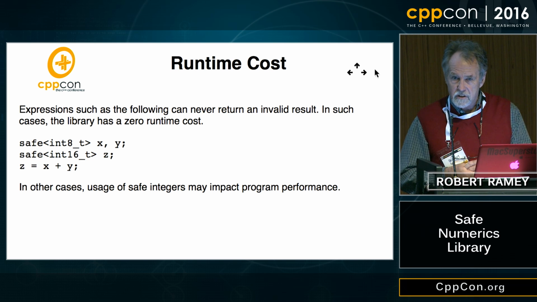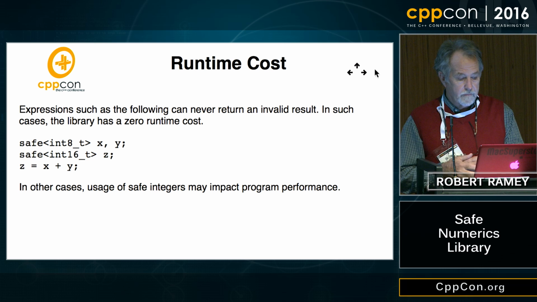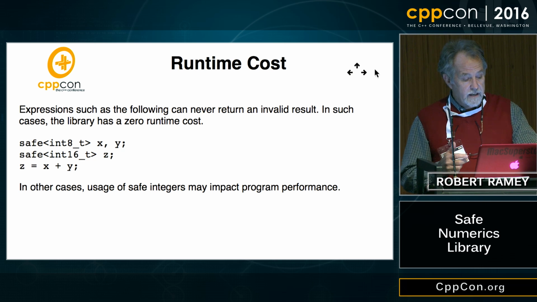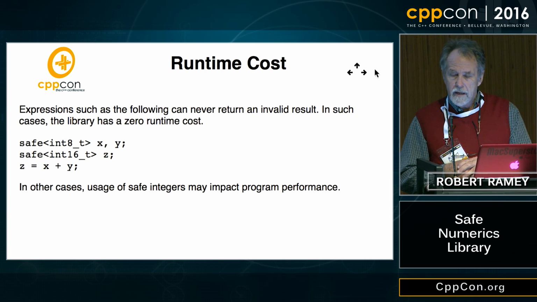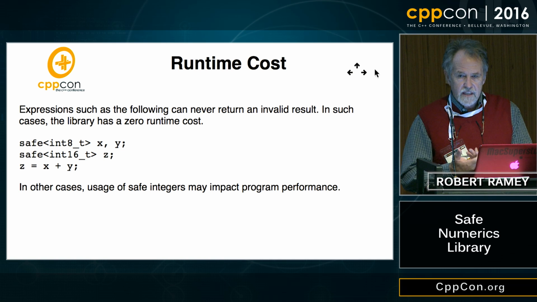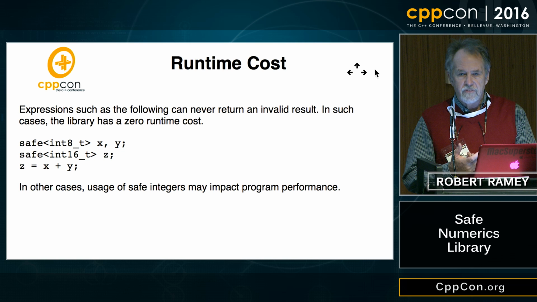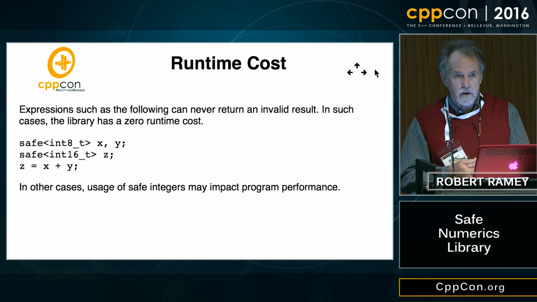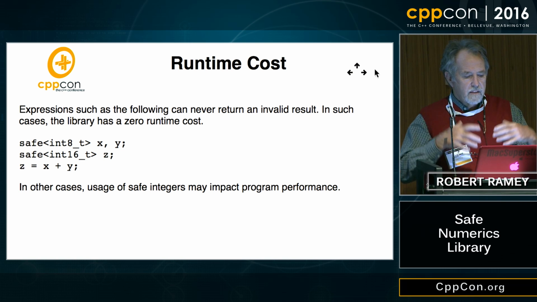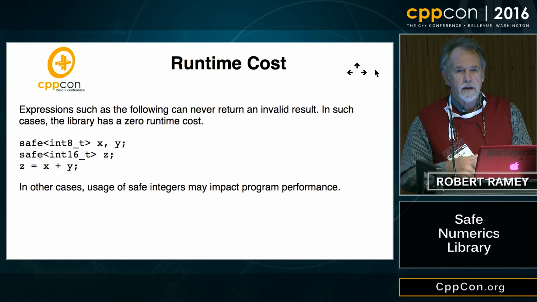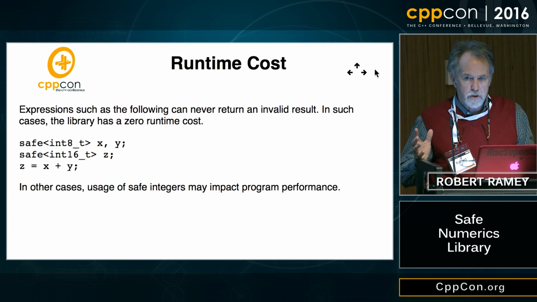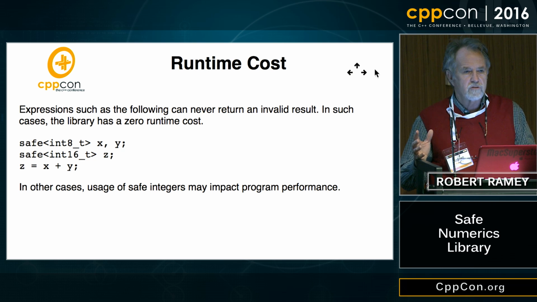It will do the addition, so you won't get an overflow at that point. And then when you assign, I happen to know that two 8-bit integers added together, even if they're the maximum they can be, will easily fit within a 16-bit number. So in this case, the safe integer library injects no extra code into your program. The runtime cost is absolutely zero.